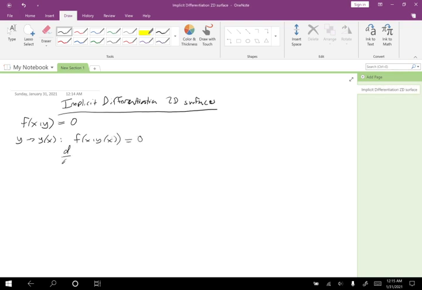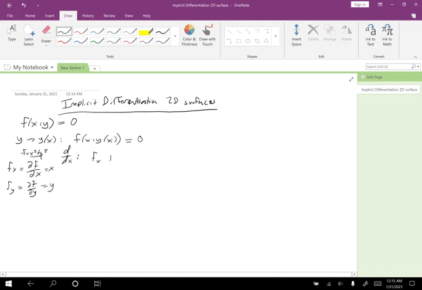Now if you apply d dx to the equation, what you should get is f partial derivative in x. I'm going to be lazy and just write fx for df dx, and fy for df dy. For example, if f equals x squared plus y squared over 2, this would be x, this would be y.